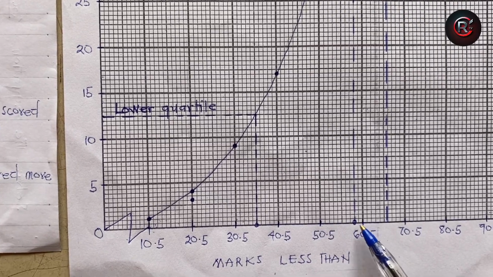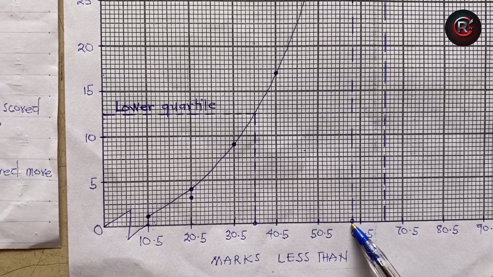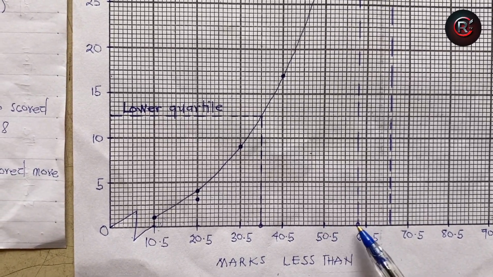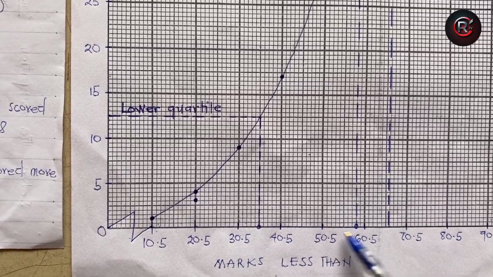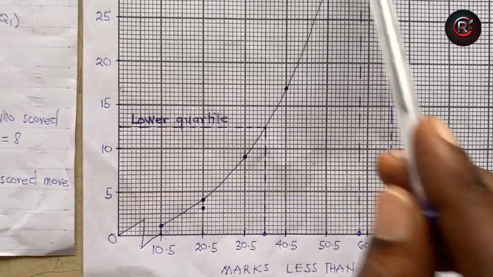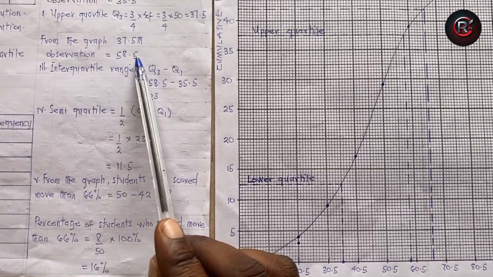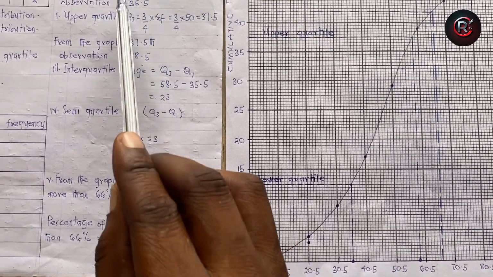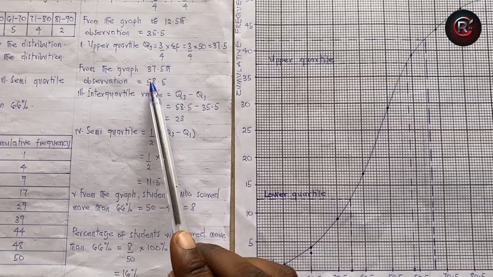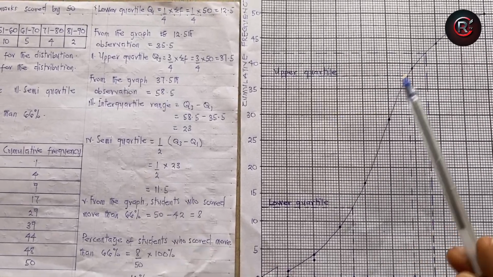Then we read our number here, and that is our upper quarter, which is 58.5. So this is how we can get the lower quarter and the upper quarter from the graph.